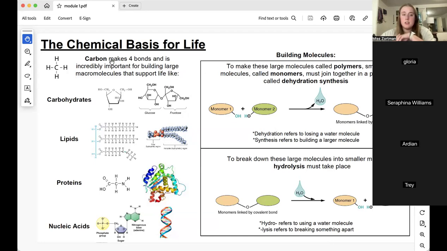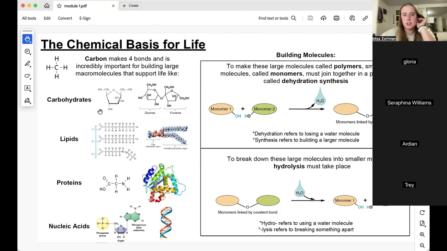Carbon is in all of these four organic molecules, and it is very important because it makes four bonds, which might not seem like much, but those four bonds are what allow carbon to be that main building block for all of life and support all of life. Making four bonds, as you see here, allows it to connect to things in many different shapes.